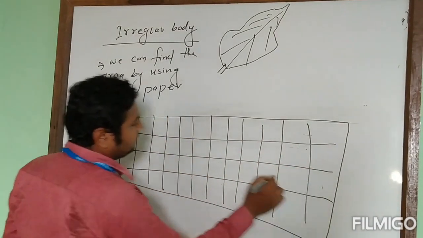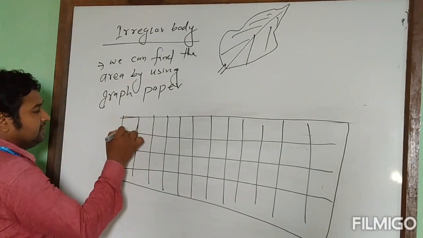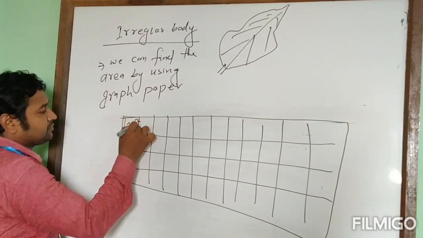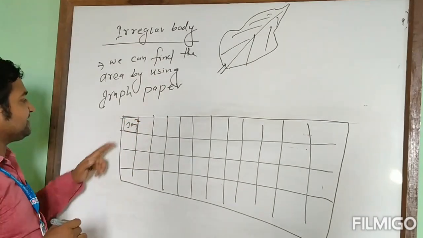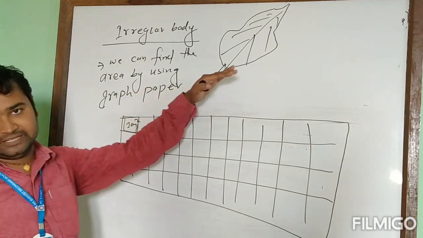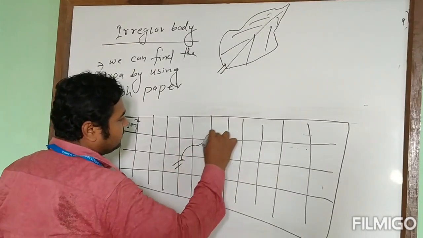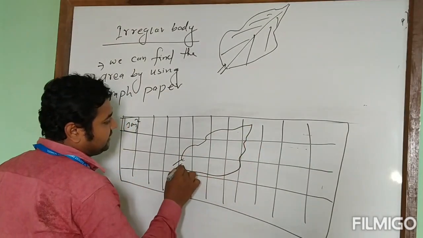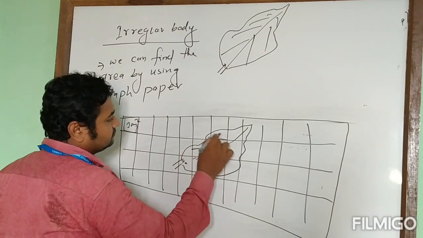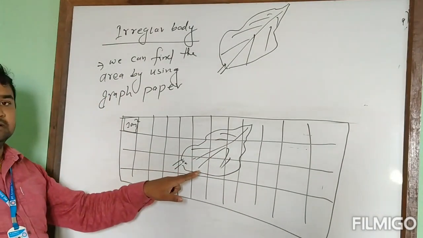This is our graph paper, and each square box is 1 centimeter square. Now, how to calculate? Suppose this graph paper has a leaf on it. Now we have to calculate this area.